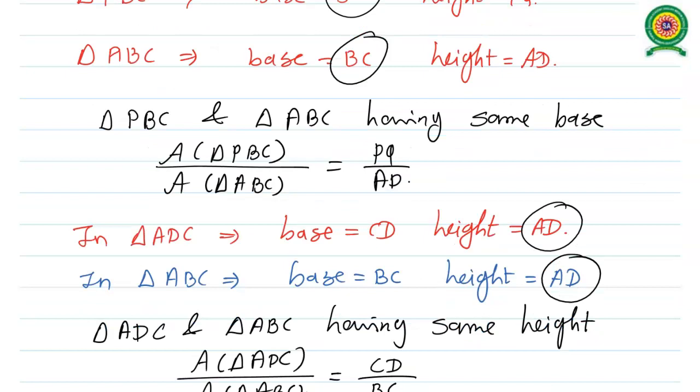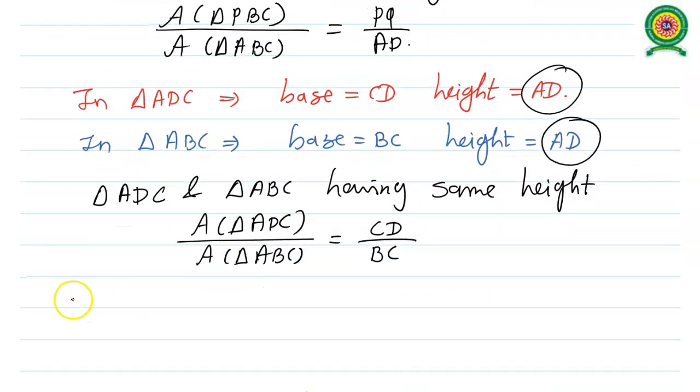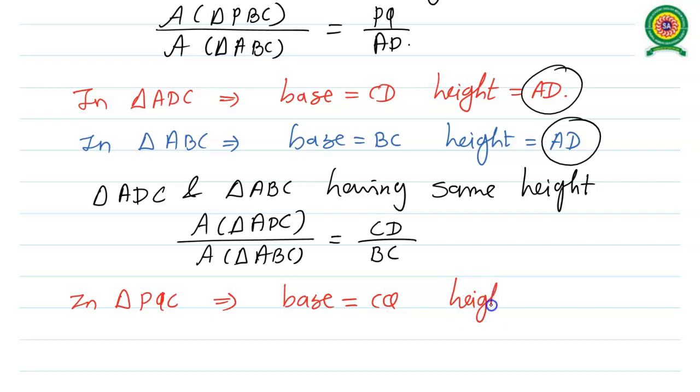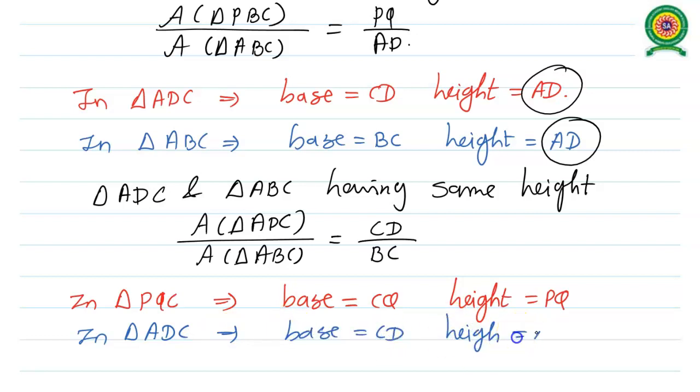So in triangle PQC we have base CQ and height PQ. And in the second triangle ADC, the base is CD and height is AD, as per the previous sub question.